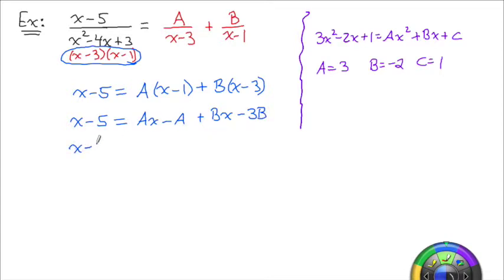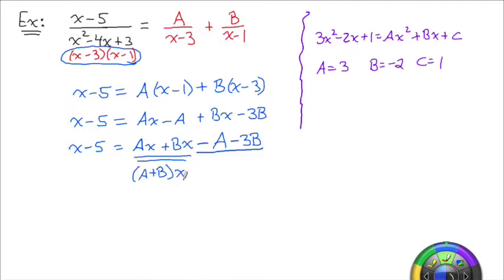So we get x minus 5 is equal to Ax plus Bx. Those would be your grouped x terms, and then whatever's left over is just going to be a constant. So we consider this negative A minus 3B as a constant, and over here this would be our degree 1 terms. Alright, so with the degree 1 terms we can factor out the x and we'll have A plus B times x.